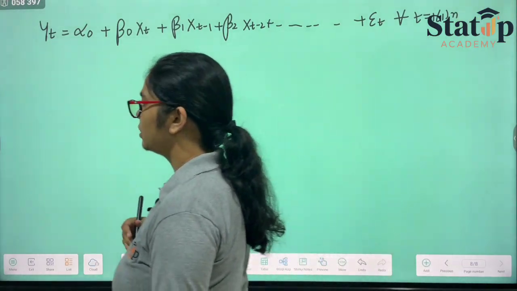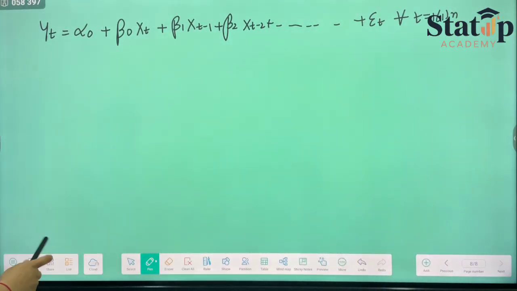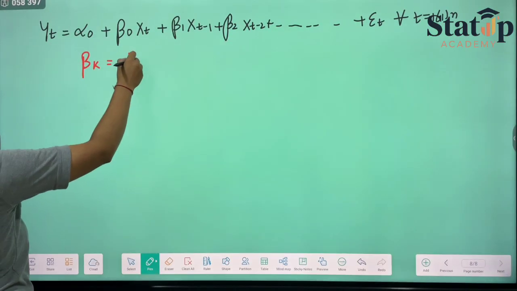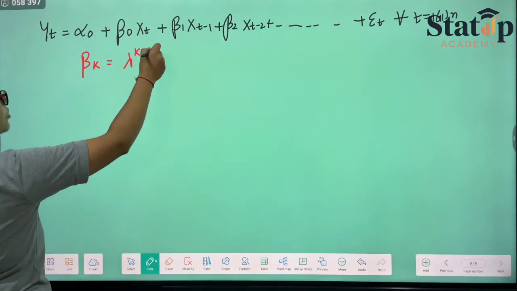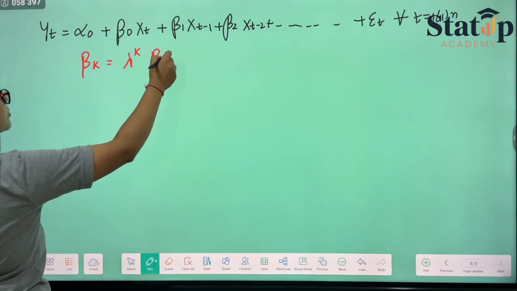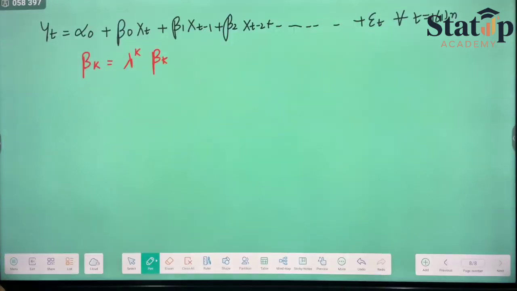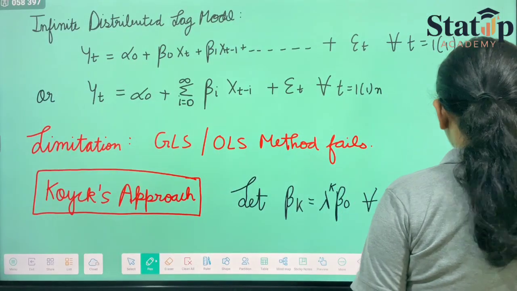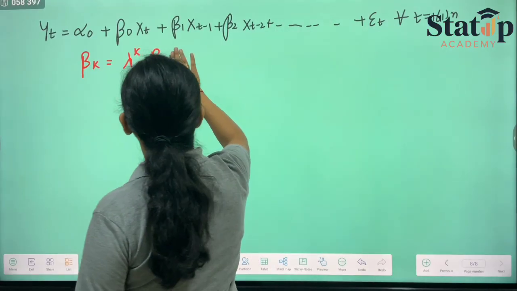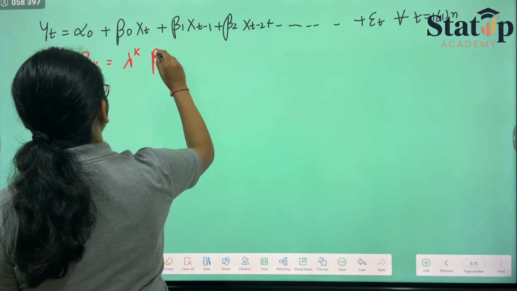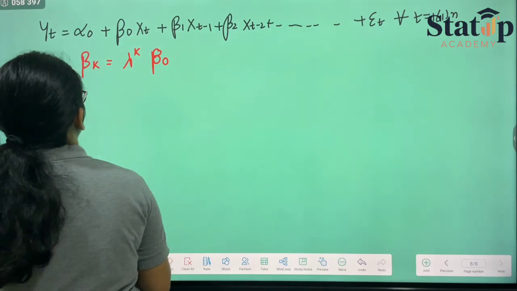Now beta k can be written as lambda to the power k into beta naught.